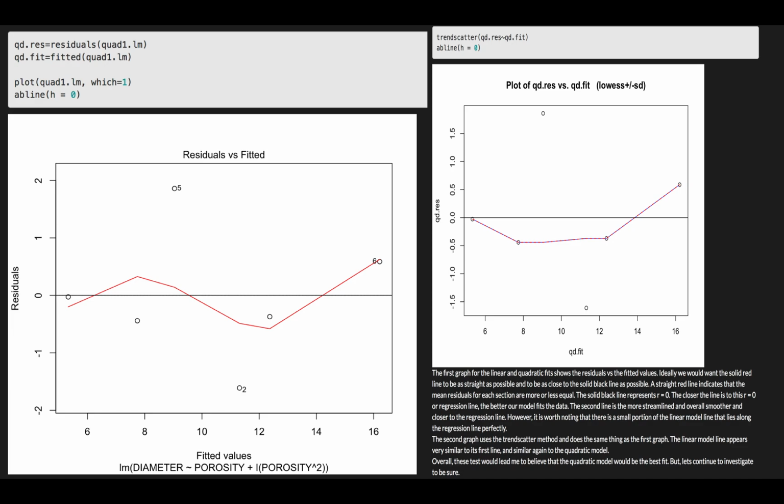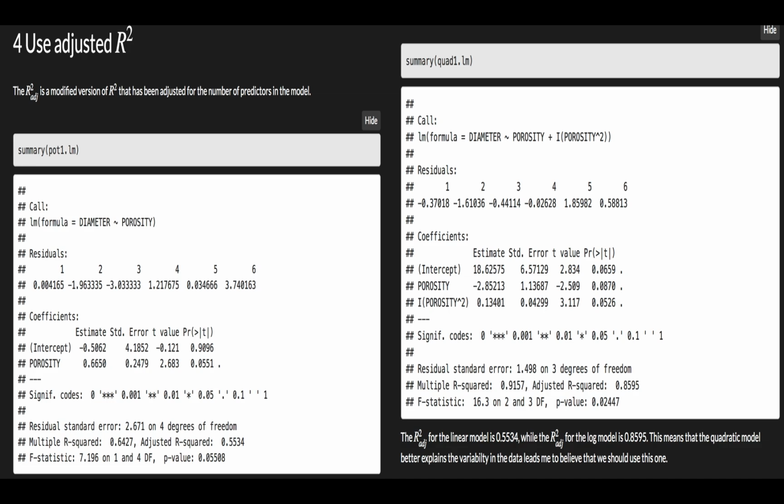Again, we would want the red line to be as straight as possible and as close to the regression line as possible. Again, based on these two graphs, it would lead me to believe that the quadratic model would be the best fit, but let's continue to investigate to be sure.